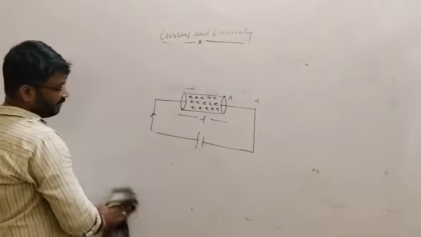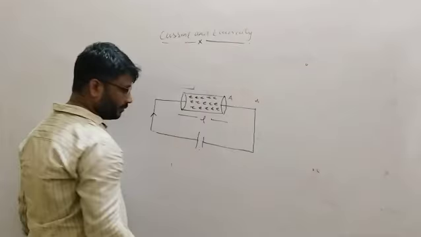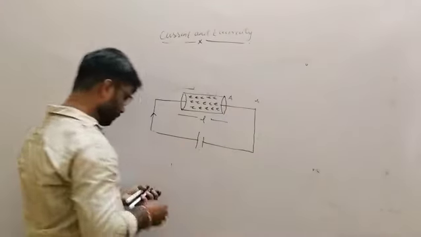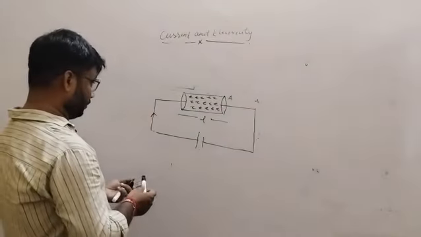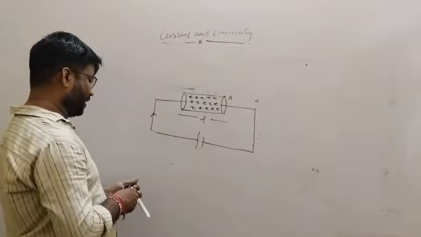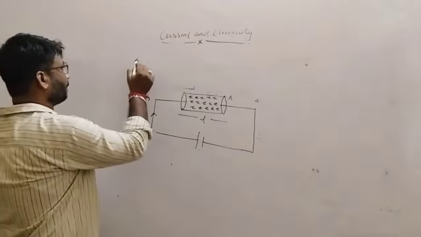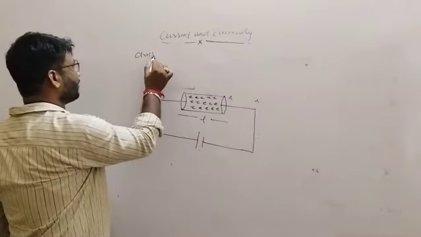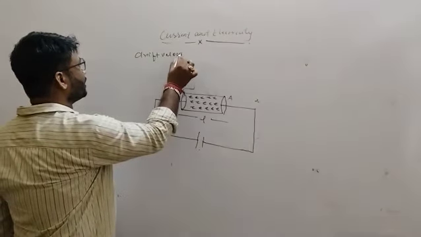If we calculate the average velocity of this, we will get the drift velocity.